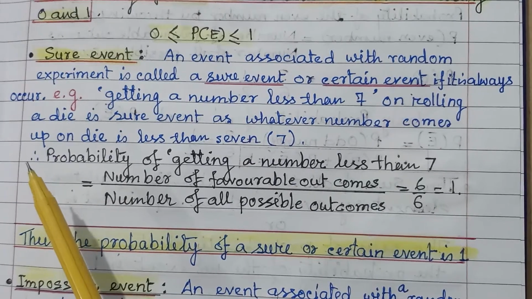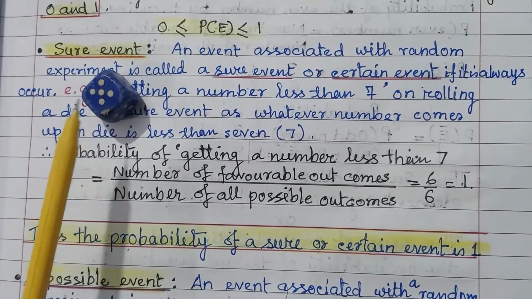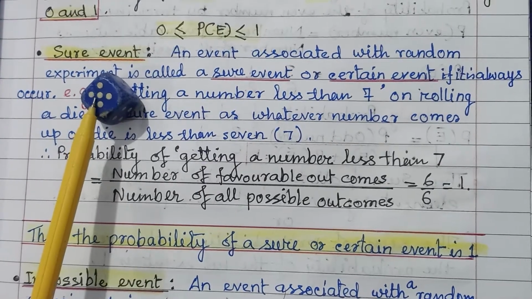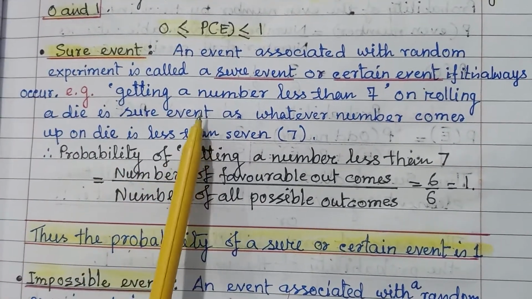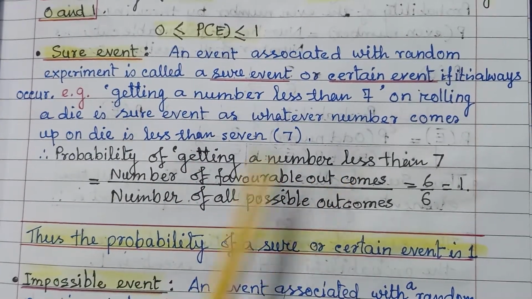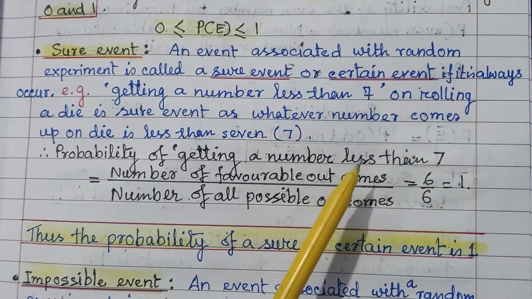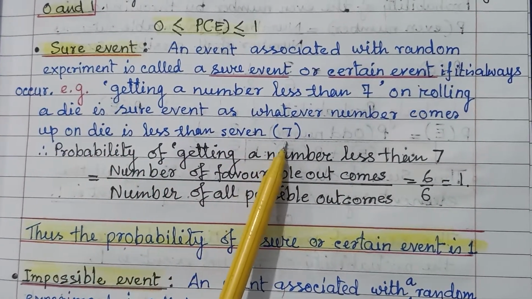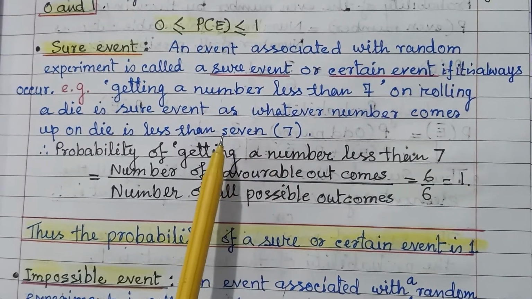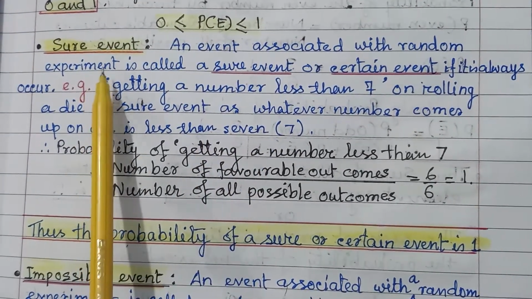Here all the numbers 1 to 6 are less than 7, so it is a sure event, as whatever number comes up on the die is less than 7.